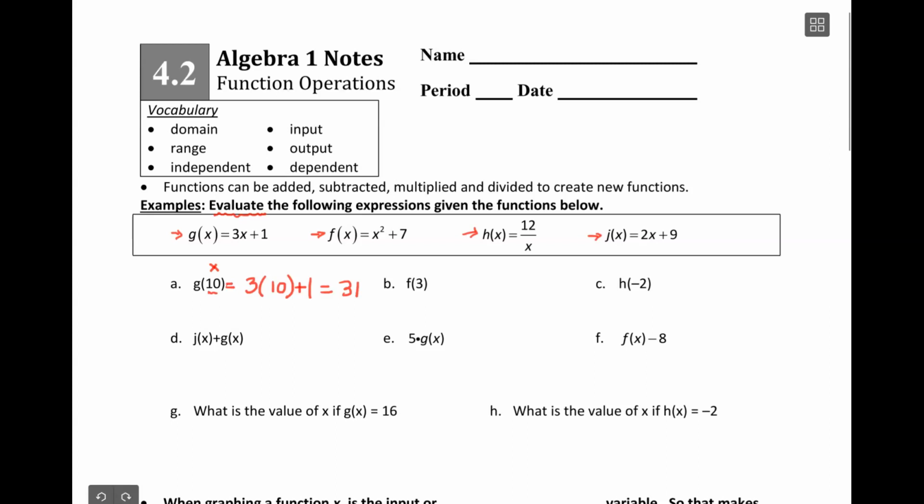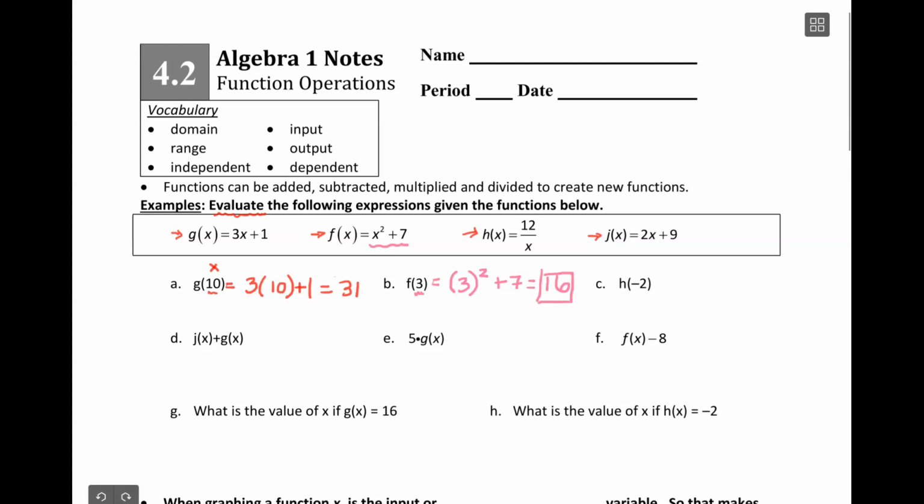Our next one here, f of 3. It means find function f, which is the second function, and replace any x's with 3. So we can see we have x squared, so I'm going to have 3 squared. So right here it's this function, plus 7. So that's going to be 9 plus 7, so my answer is 16.